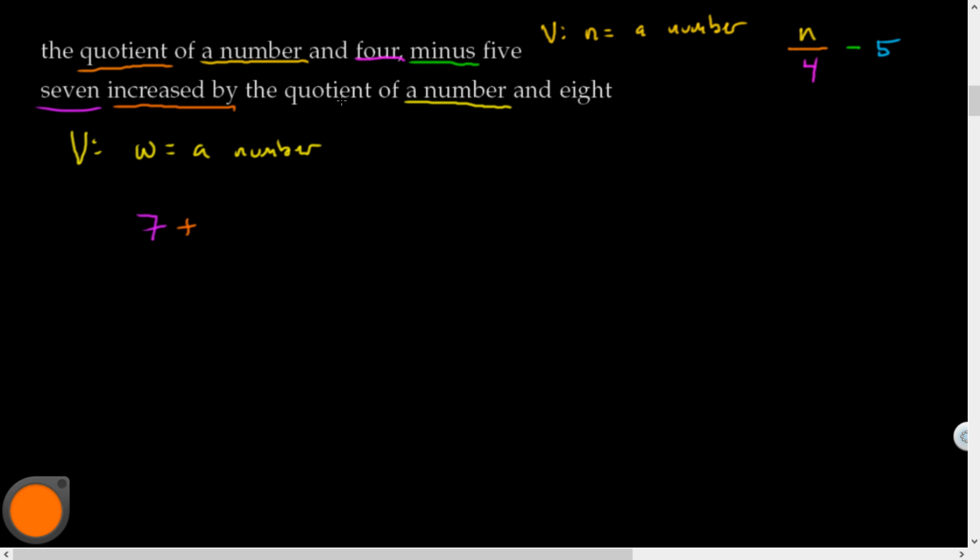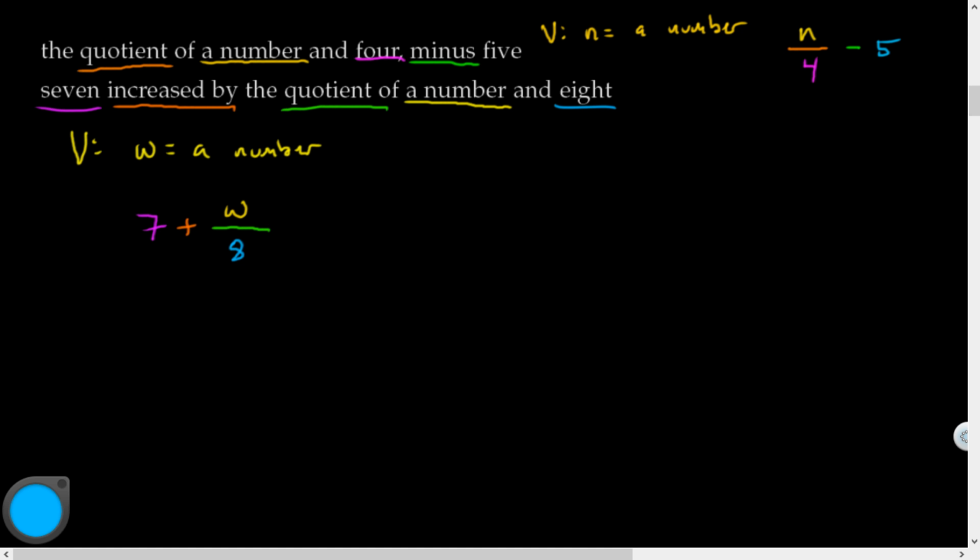So increased by the quotient. Now this is another operation. So it's increased by something that's going to be a fraction. Quotient is division. A number, so the number is in the top here. Here, mine's W. You could have used your first initial or whatever. And 8, so ocho. Okay, not bad.